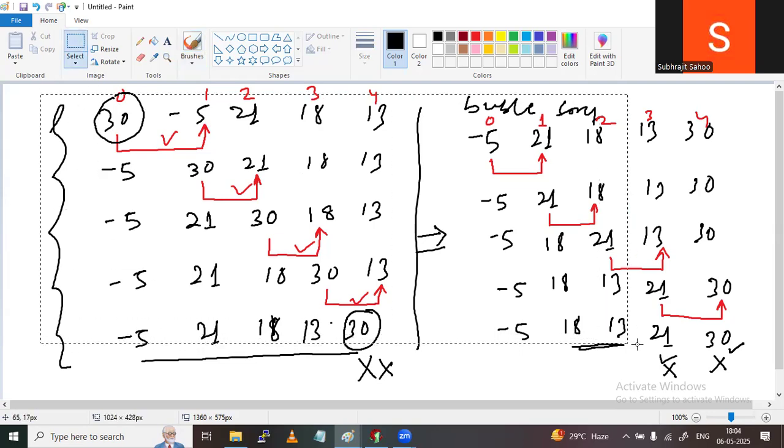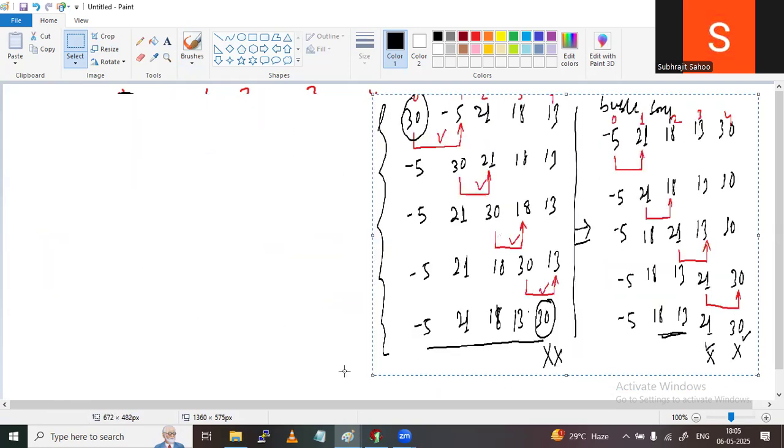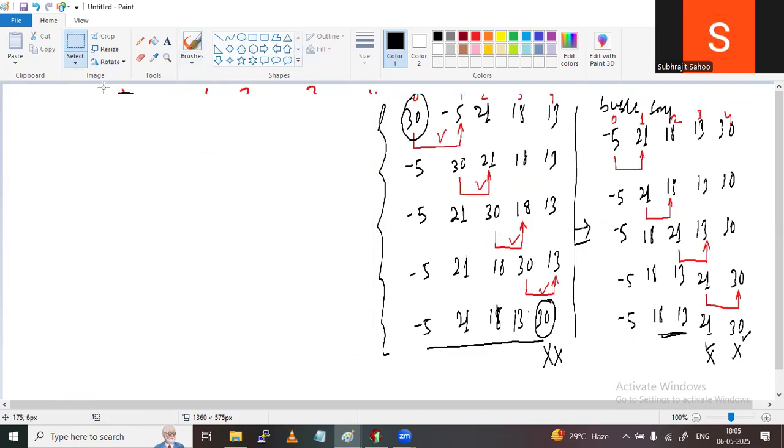So for that, observe carefully. After this one, what is the result I got, sir? One minute, let me delete all this. Okay, the result I got is minus 5, 18, 13, 21, and 30.